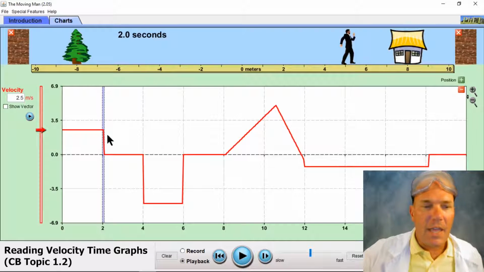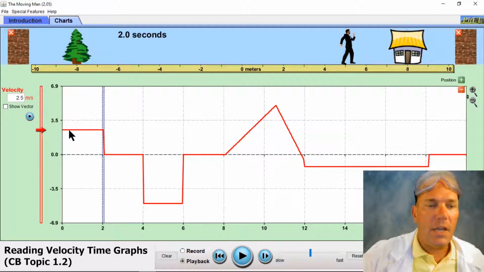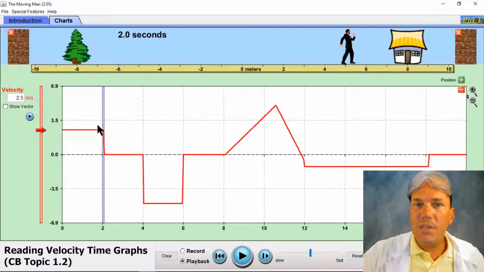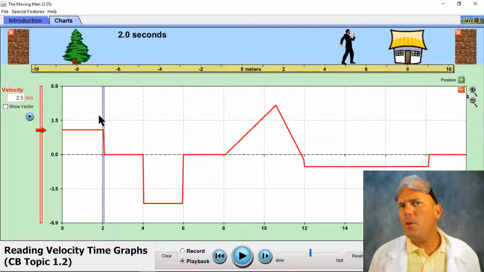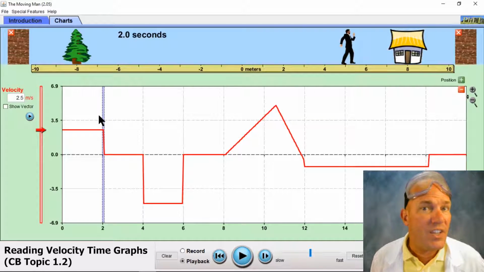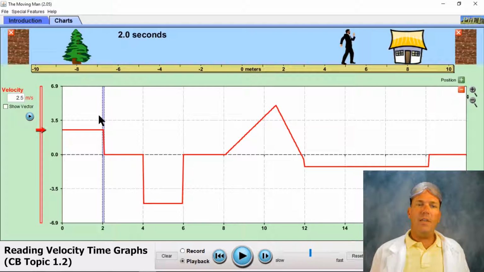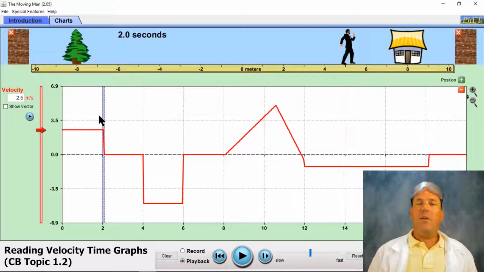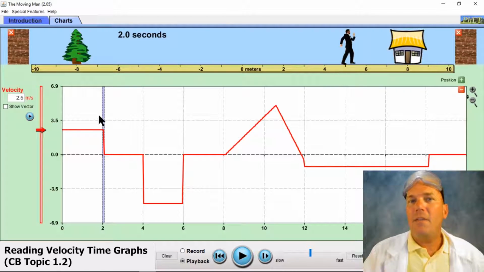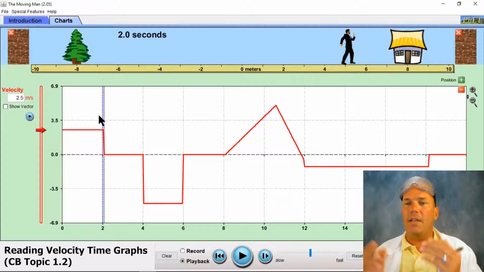And we can see that graphically looking at the velocity time graph because the slope is 0. Well, recall in the position time, a slope of 0 meant the object was stationary. Well, here slope 0 has a positive value, and so we see that the man moves to the right at 2.5 meters per second.